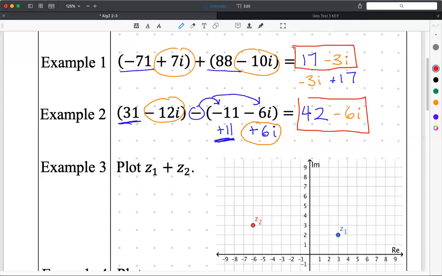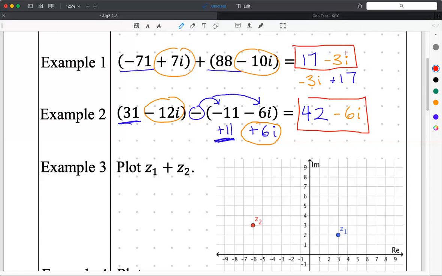When you get 42a minus 3b, can you go farther than that? Typically no. Typically you stop right here at 42 minus 6i. They're not like terms, so you can't do any more simplification. I hope I'm answering your question correctly.